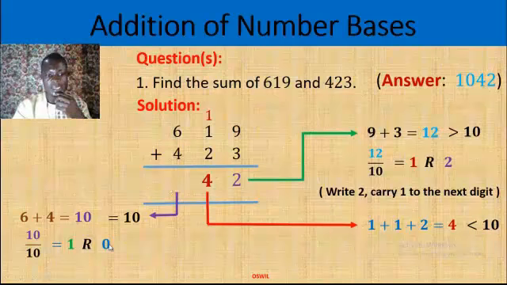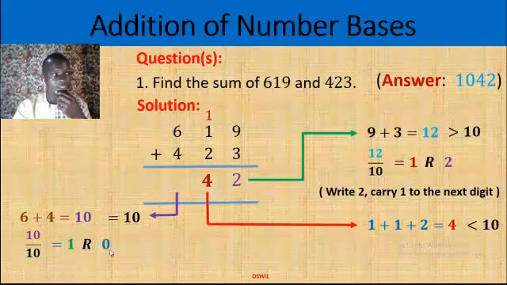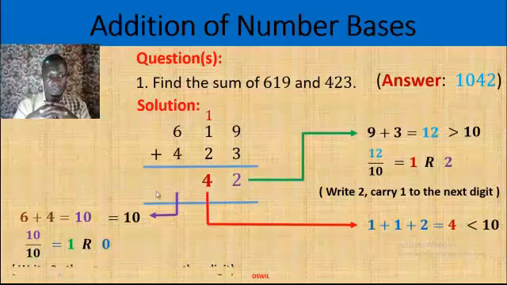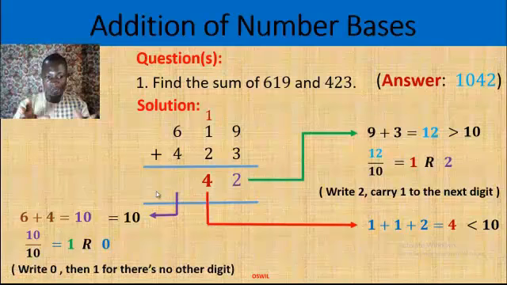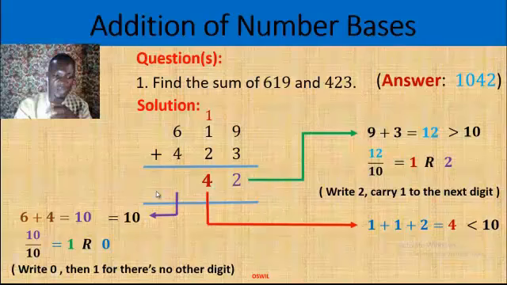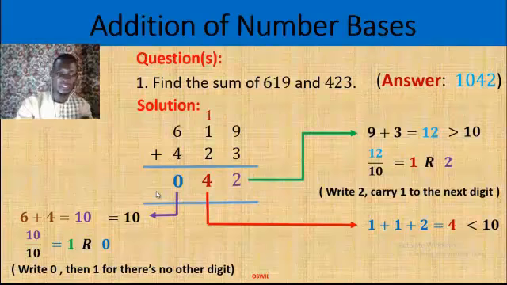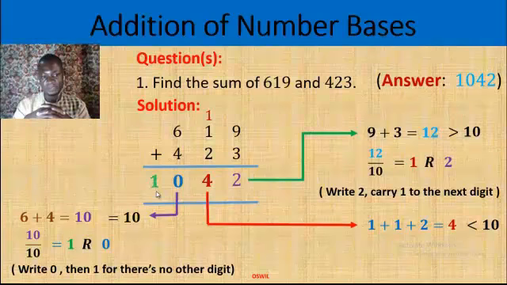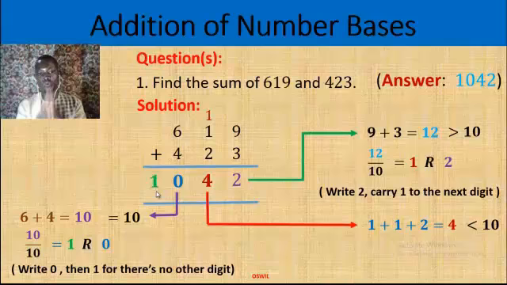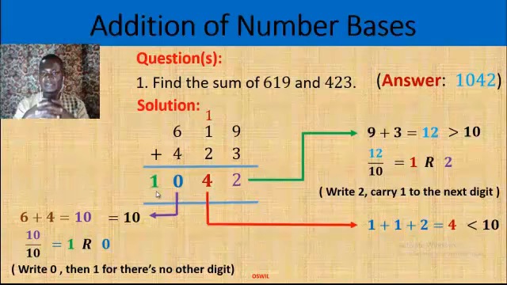Or simply, you write 0, which is the remainder, and then 1, as there is no other digit to add. So you write the remainder, which is 0 first, and then the quotient. So we get 1042 as our final answer.